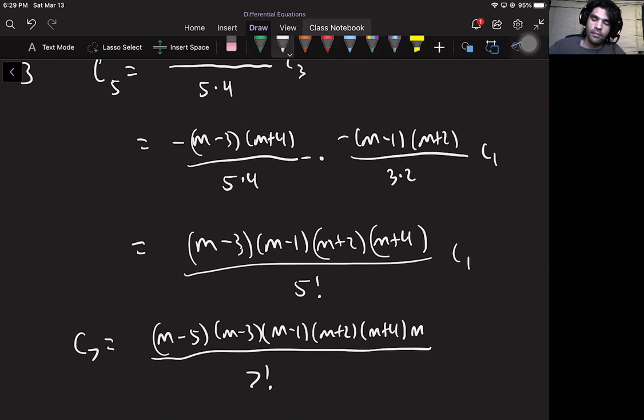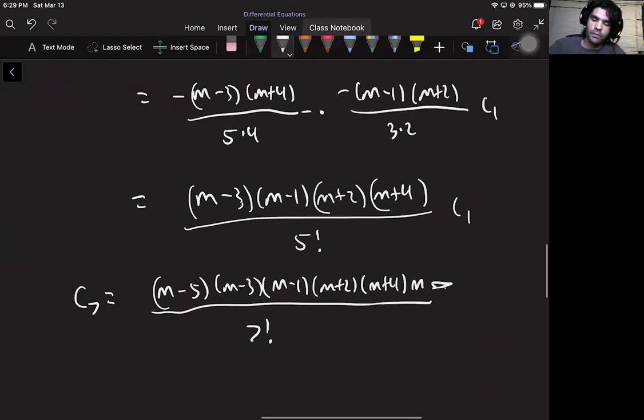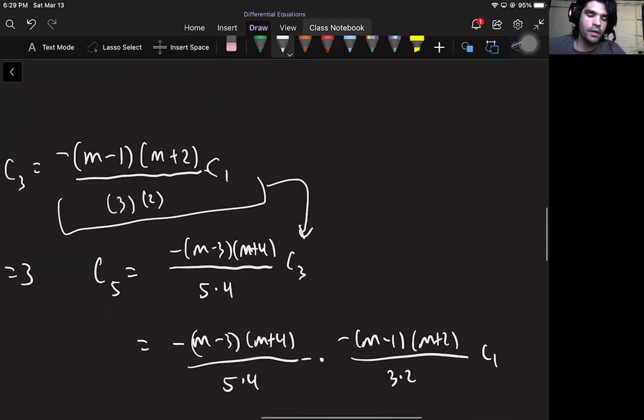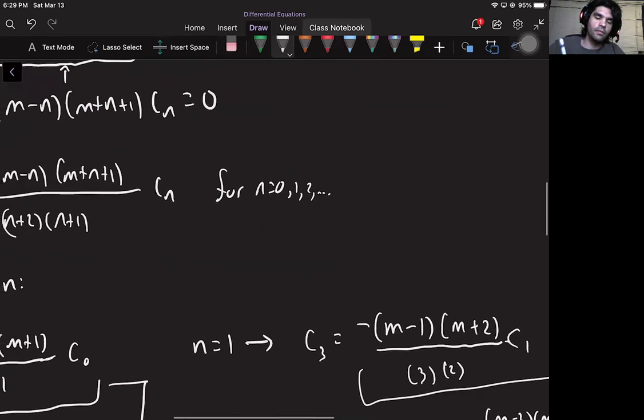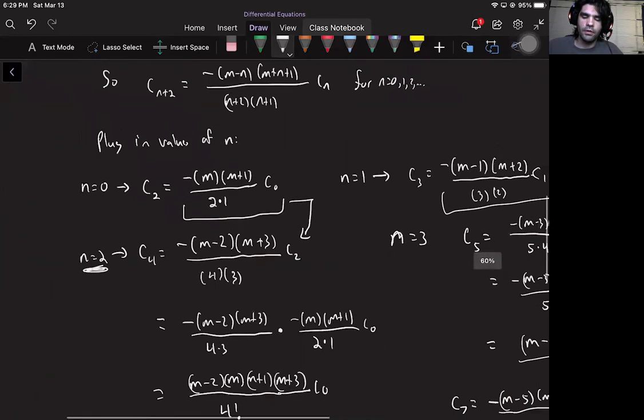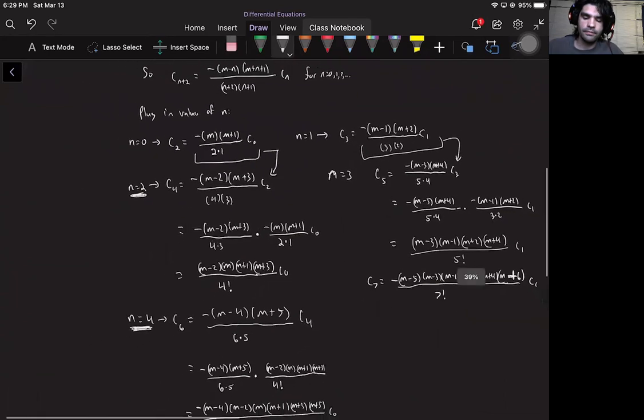Oh, what happened to my pen? And plus 6. C1. And now there will be a negative on this one. So the negatives alternate because of the negative in the actual formula up there. Okay, so this is the pattern I've got going.